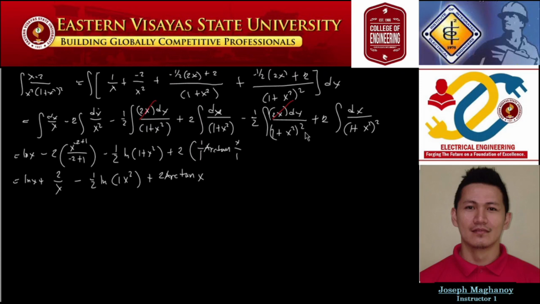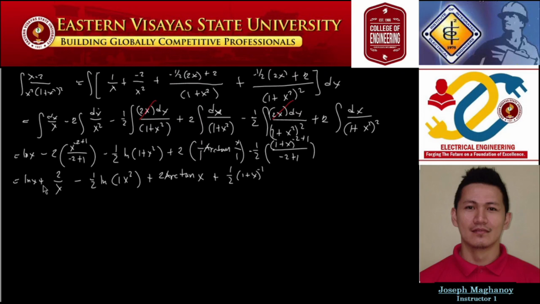So negative, oops, we have a power. It means we use the power formula here. Minus 1/2. So here we carry it to the numerator, it will become 1 plus x to the negative 2 plus 1 all over negative 2 plus 1. So negative times negative will become positive. So still 1/2, and negative 1, so we carry. So 1 plus x, you still have negative 1 here. We can still rewrite this.